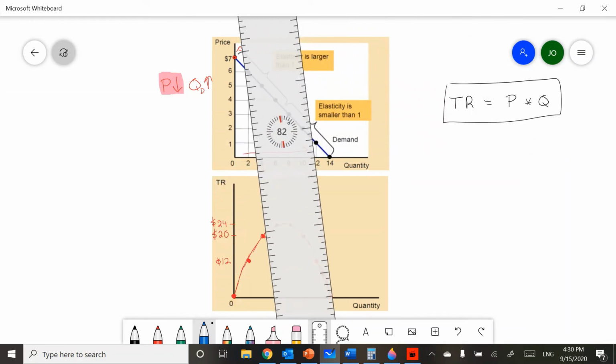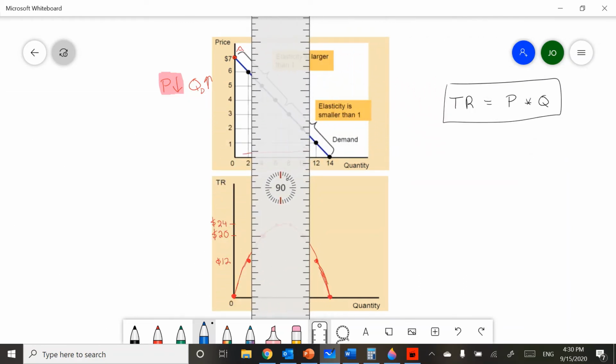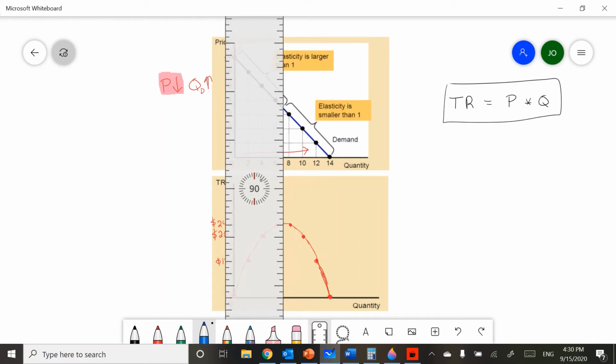Let's use the information on the top graph to divide the bottom graph. What we see here is that we're going to have a maximum total revenue around this point.